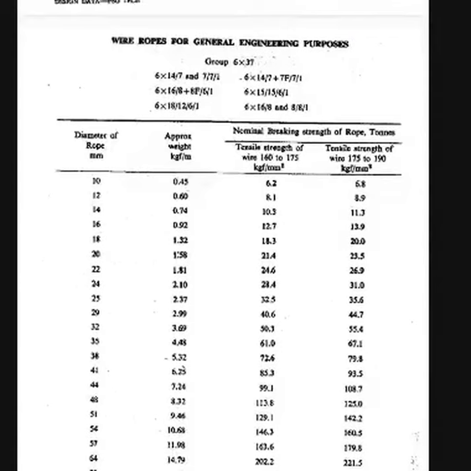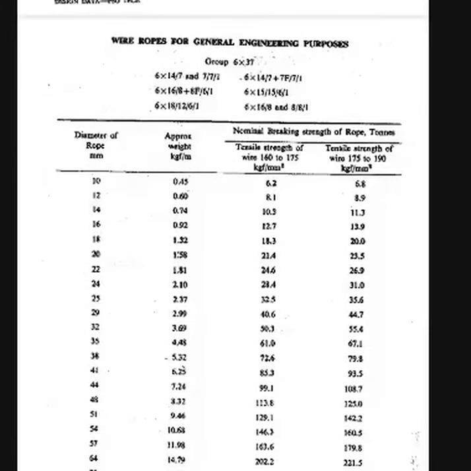In the third column, tensile strength of wire 160 to 175 kgf per mm square, or 175 to 190 kgf per mm square. You have to select any one.